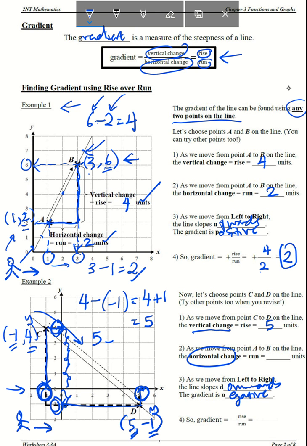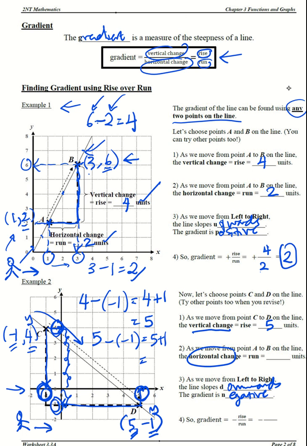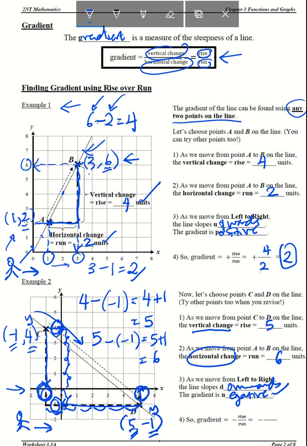So the difference means 5 minus minus 1. Again, minus times minus is plus. So 5 plus 1 equals to 6. So the run is 6. 5 to negative 1. I can go and count the boxes now. 1, 2, 3, 4, 5, 6. Okay? So the gradient is going to be negative and it's rise over run. So the rise is 5 and the run is 6. And that's your final answer. Negative 5 over 6.